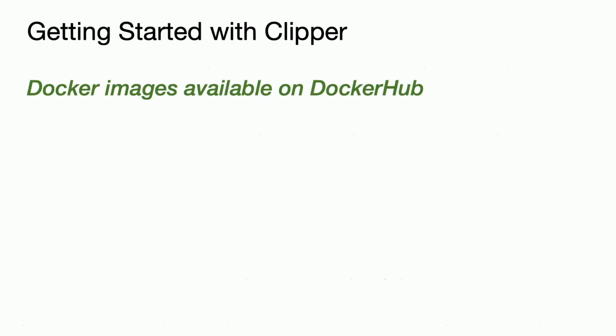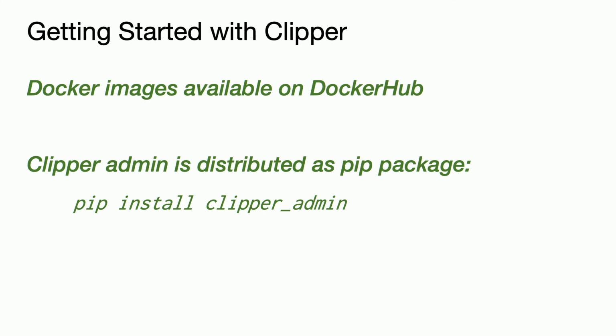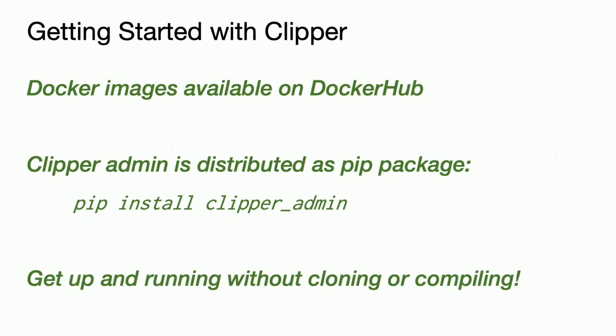Getting started with Clipper is very simple, because Clipper is a fully distributed Dockerized system. All Docker images are available publicly on Docker Hub. You just need an environment like Docker or Kubernetes, and then you just pip install, without cloning or compiling at all.